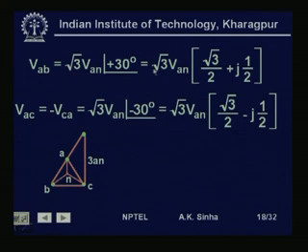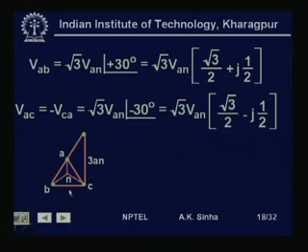So, this is equal to root 3 times VAN into root 3 by 2 plus j half. That is, we have converted this from polar coordinate to rectangular coordinate.